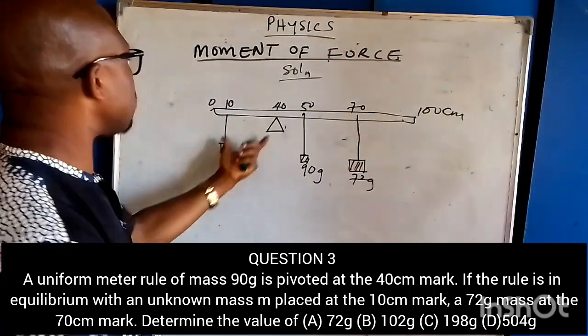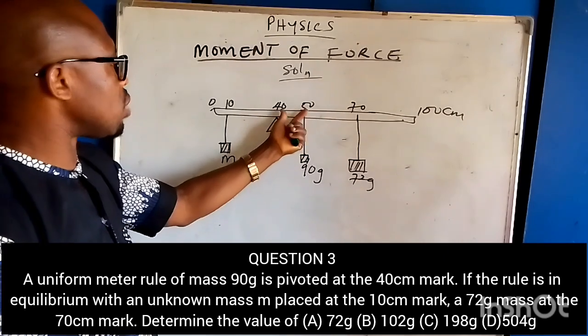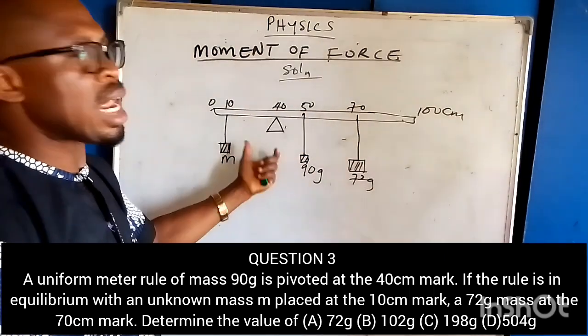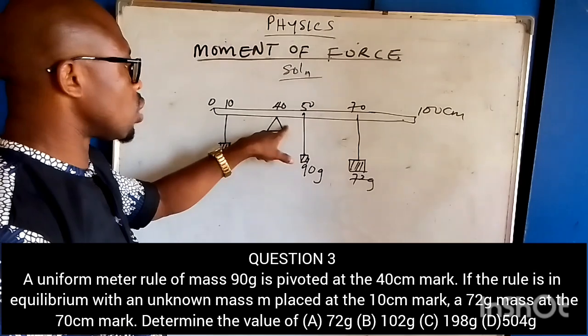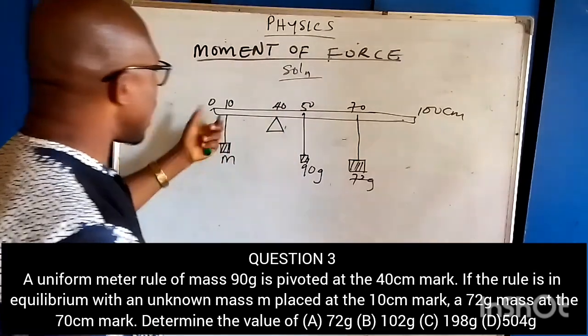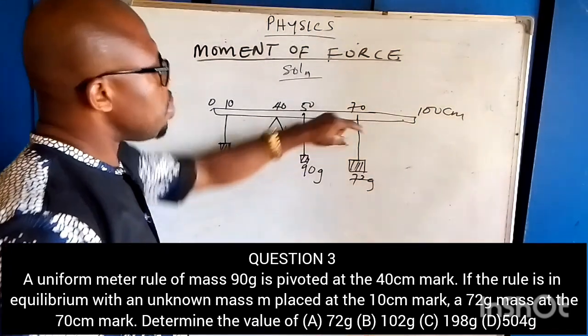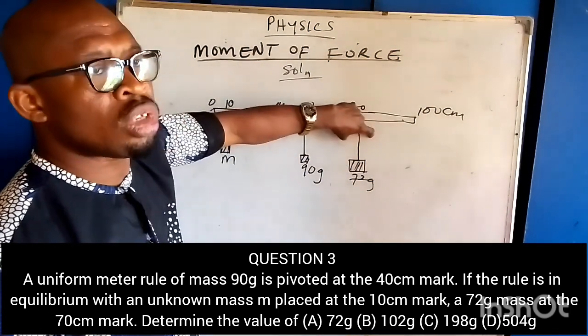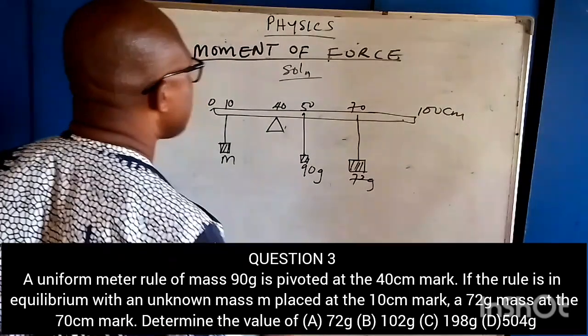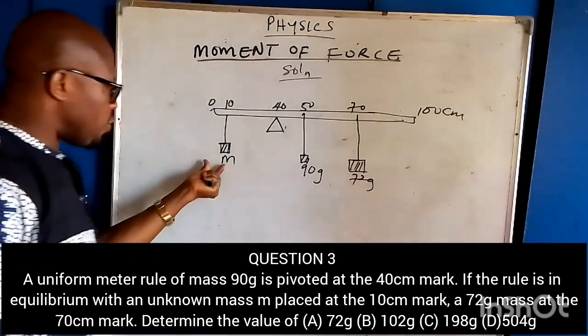So remember, they said the mass of this meter rule is 90 grams, and it is pivoted at 40. An unknown mass is placed at the 10 cm mark, and another mass placed at the 70 cm mark. Now they said calculate the value of m.